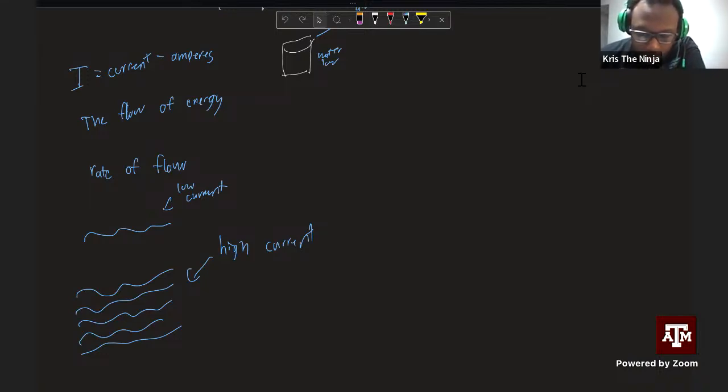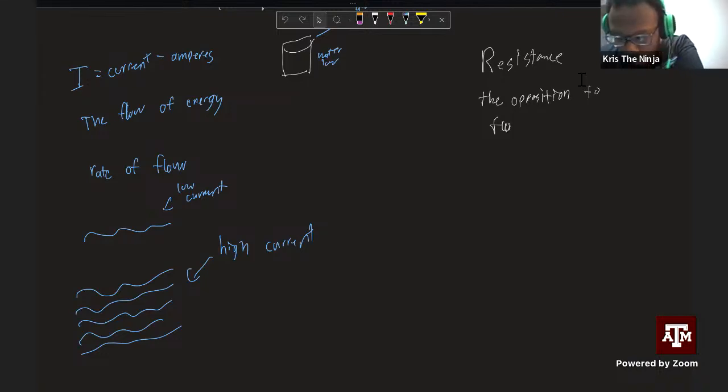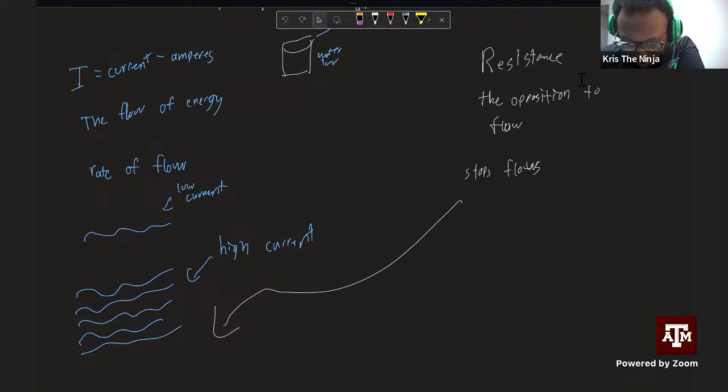Resistance is the opposition to flow, in other words, it stops flow. It's like if you were to have a dam built up in front of the river, so the water can't get through.